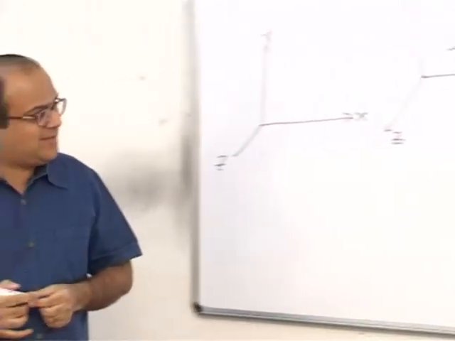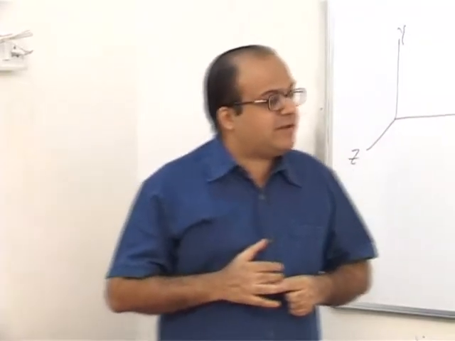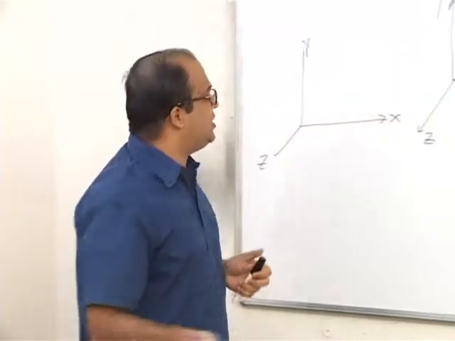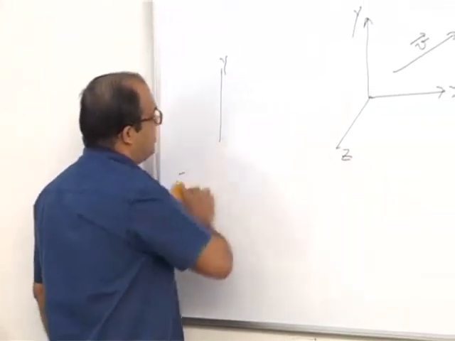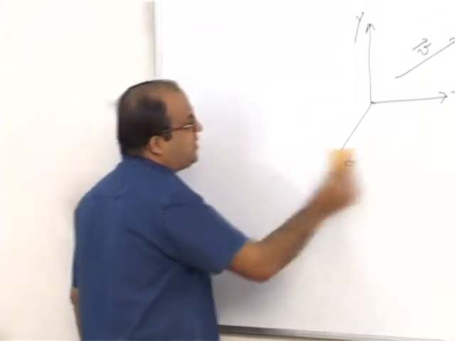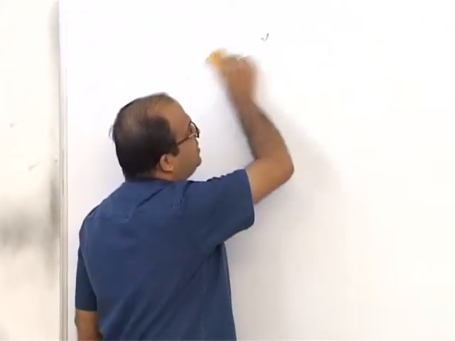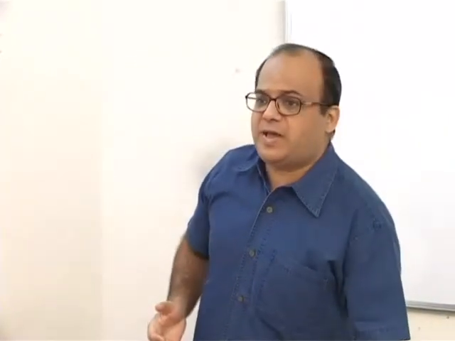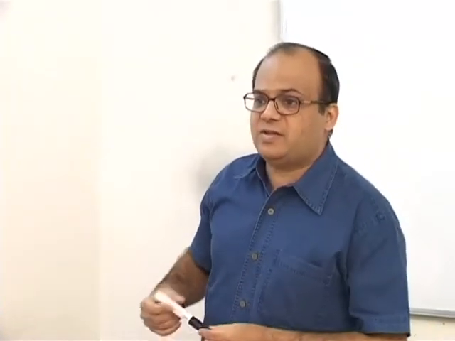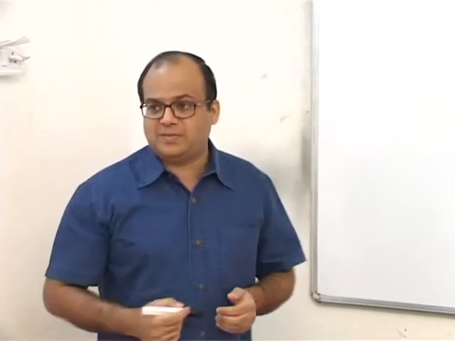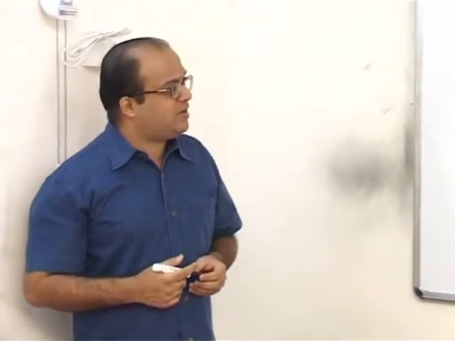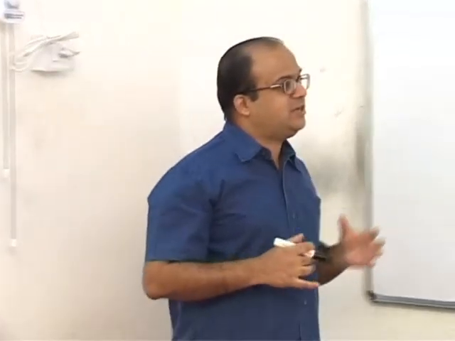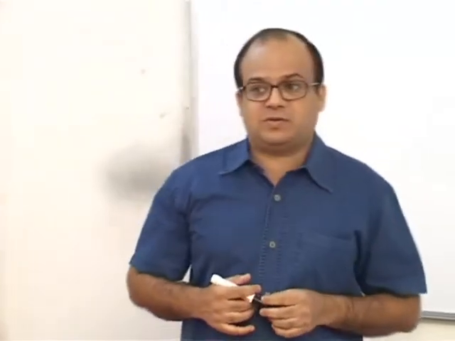Now the question is, is the Earth an inertial frame of reference? The Earth cannot be an inertial frame of reference because it is rotating and revolving round the sun. Then how can we apply Newton's laws on the Earth? We can apply Newton's laws on the Earth because the acceleration of the Earth is very small.